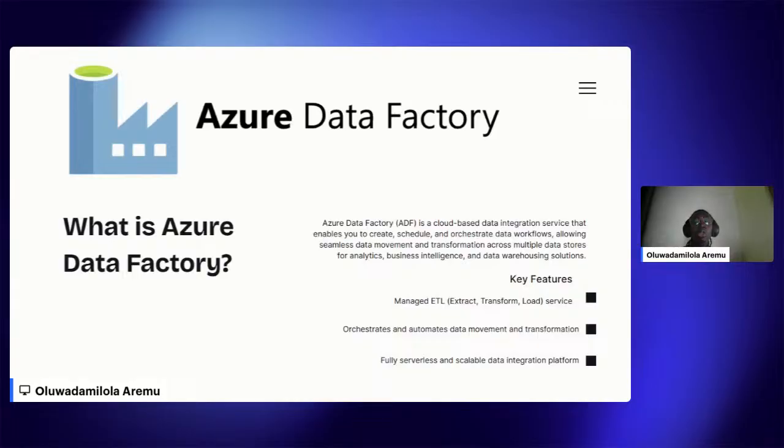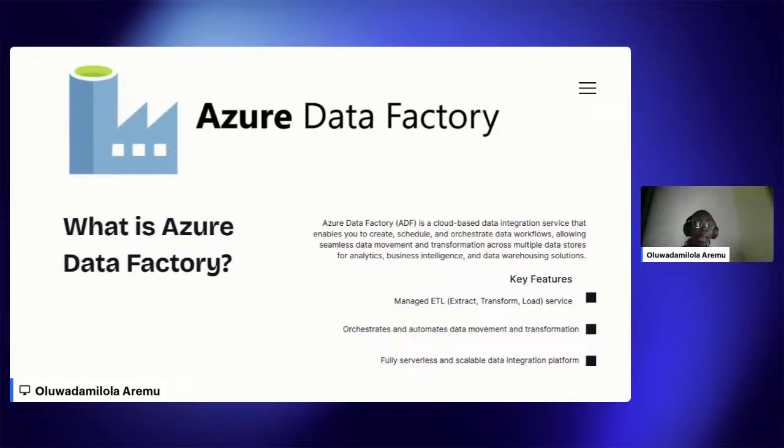Like we said before, your data stores are places where you can move data from and to. And the essence of doing this is for analytics purposes, for business intelligence, for data warehousing solutions. So by the time your data has gone through the pipeline process, it's ready for analyzing, for business intelligence, or even for warehousing, right?